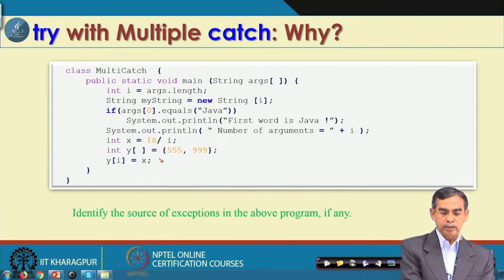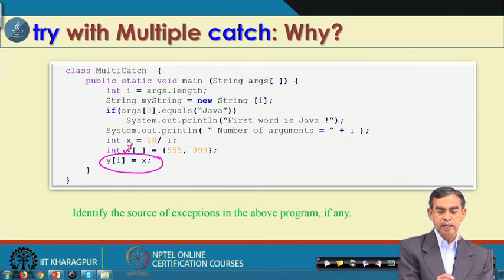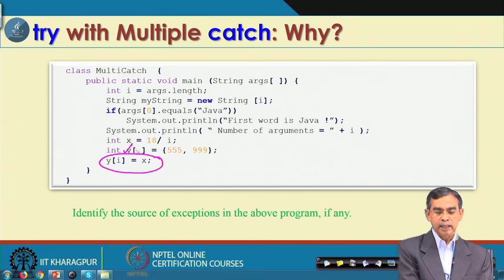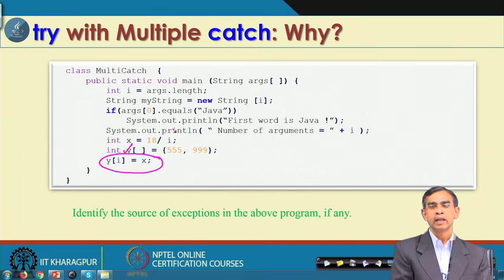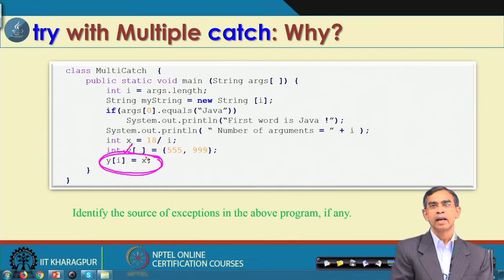And there is a possibility of error if the value of I is more than 1, because the array is initialized with 2 elements, so the array index varies over 0 and 1. If I is 3, or 2 or more, it gives the array index out of bound error.